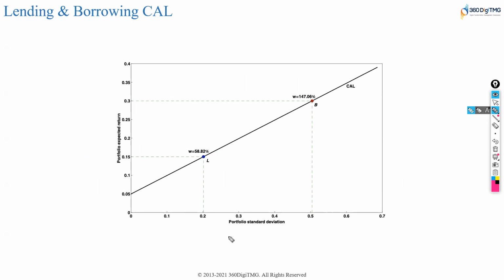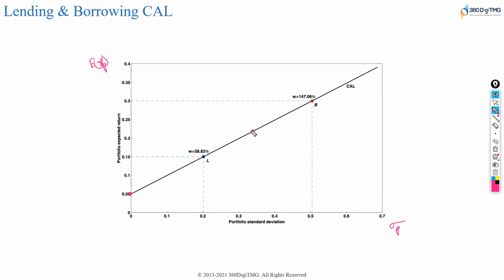So if you have the expected return on the y-axis and risk on the x-axis, then this 5 is risk-free. Somewhere here, you'll have completely risky.